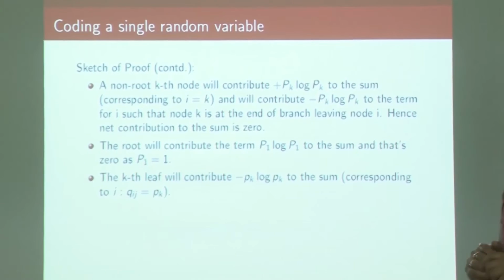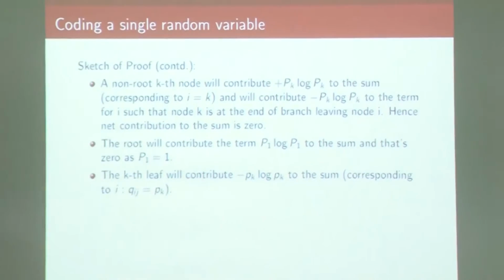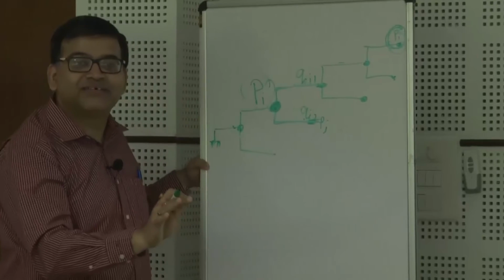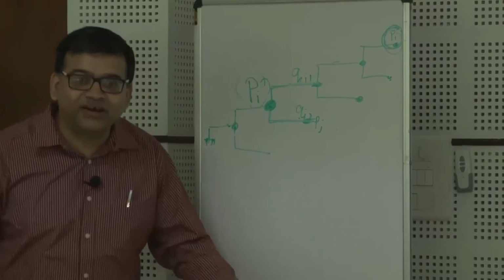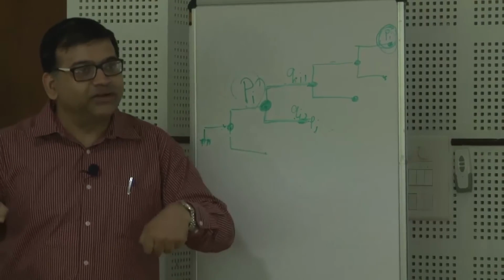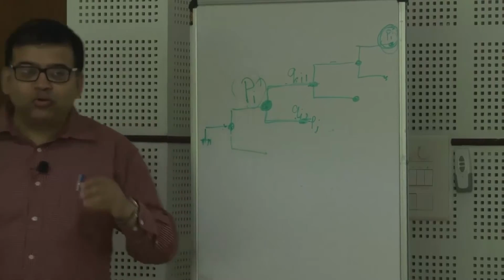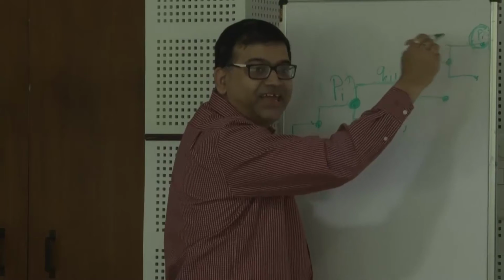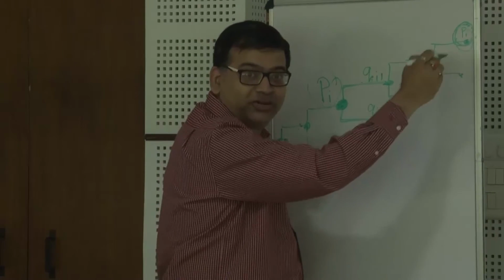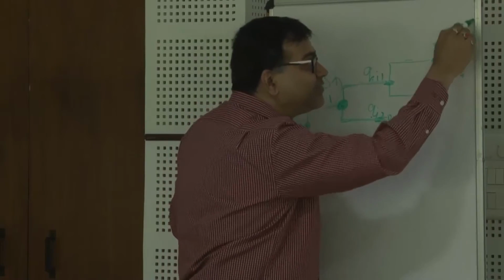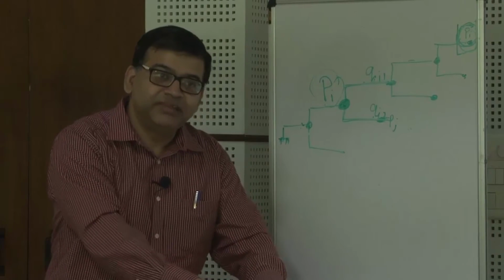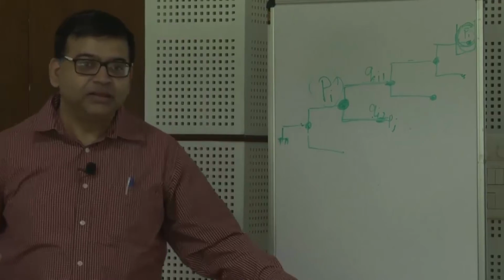Look at the leaves. Leaves are only qi's, leaves are never nodes in themselves, right. So, if you look at any node which has a leaf, this leaf is only contributing in that qi term, it will never contribute in pi.